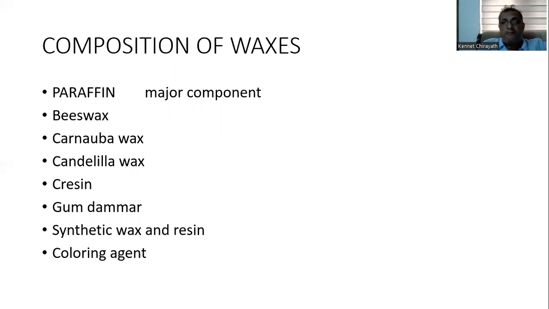So these are the main ingredients of dental wax. The majority of the content of the wax is paraffin wax. All other waxes are added to alter the properties of the wax according to our need. Okay, so these are the main compositions.